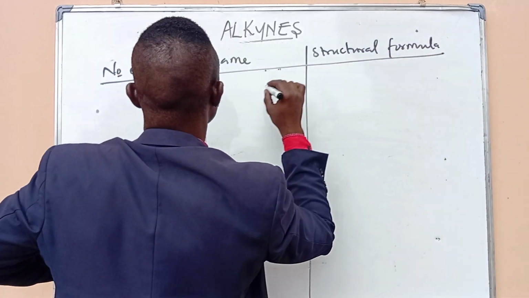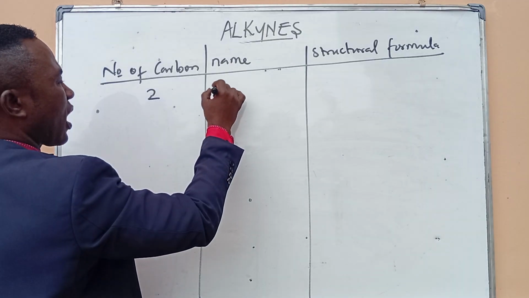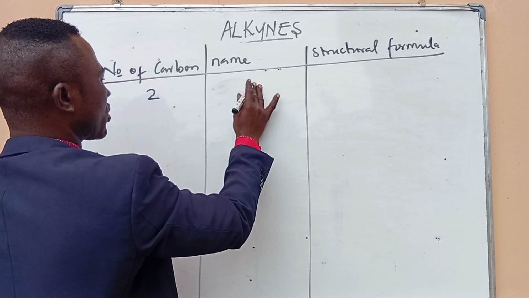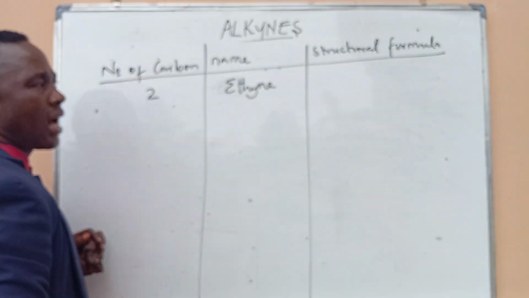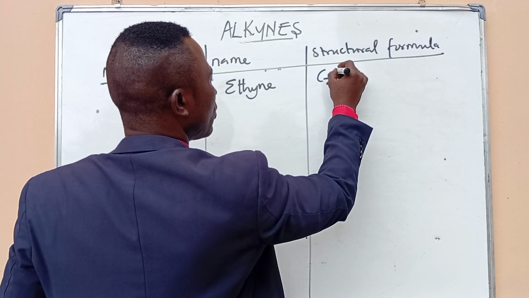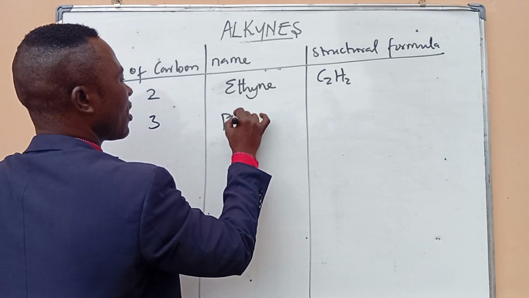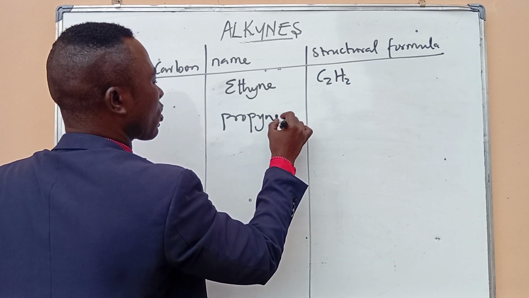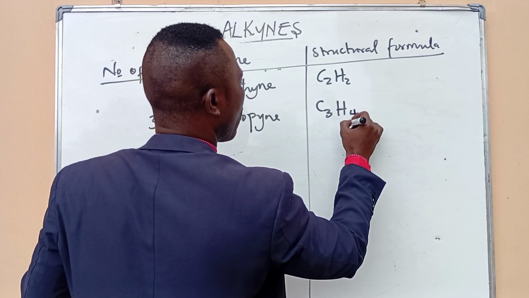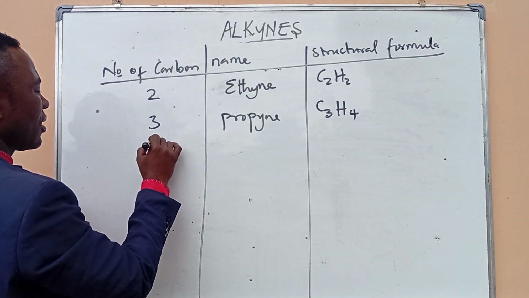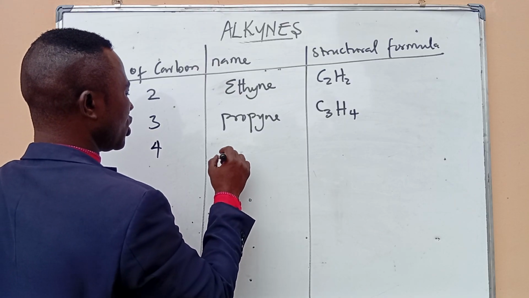The first member is when the carbon atom is equal to 2, and the name is ethyne, with molecular formula C2H2. If n is equal to 3, we have propyne as the second member, which is C3H4.